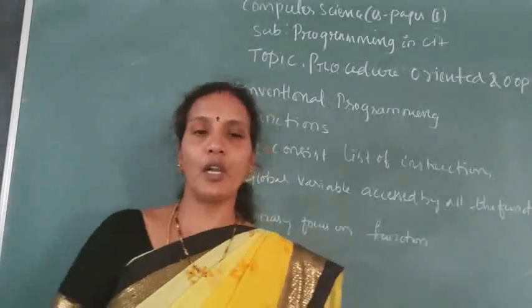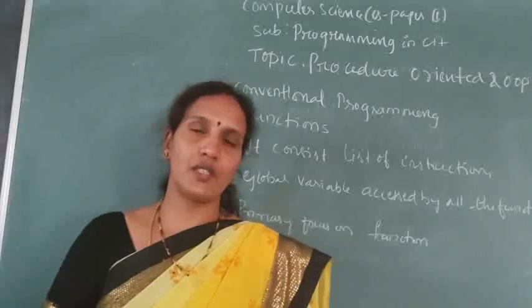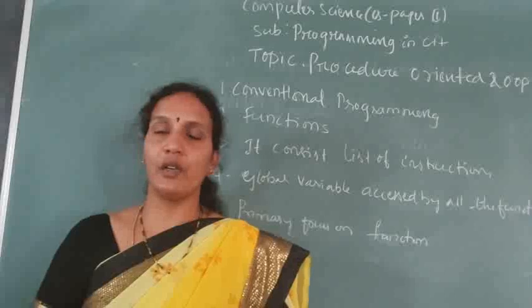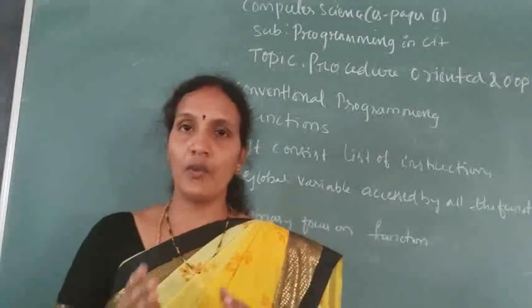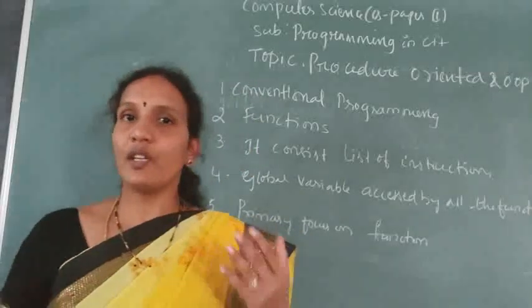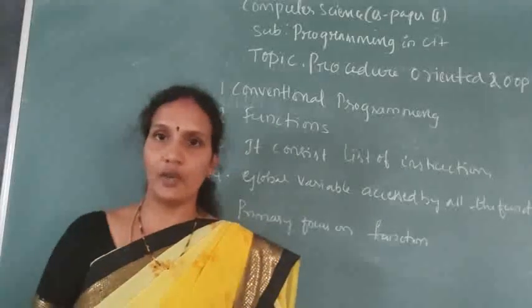Procedural oriented programming means the total program is a collection of functions, and those functions are executed in a particular order. Like in C programming, I have given a main function, and from the main function you are calling another function. So the main function is the outer function, and whichever function you call is the inner function.